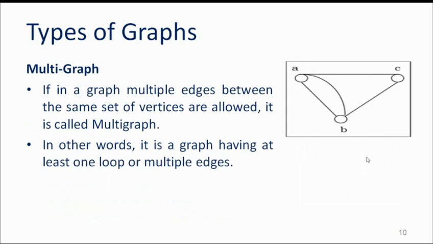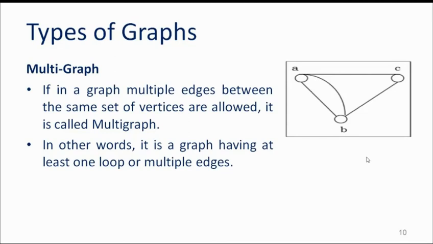If in a graph multiple edges between the same set of vertices are allowed, it is called multigraph. The first example that we have seen is having 2 edges between the same vertices, which is called multigraph. In other words, it is a graph having at least one loop or multiple edges.